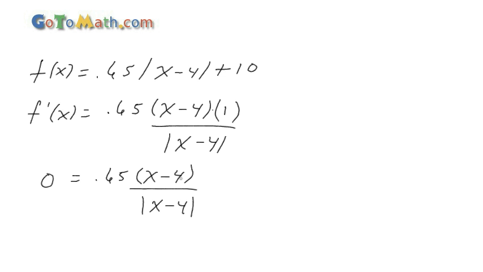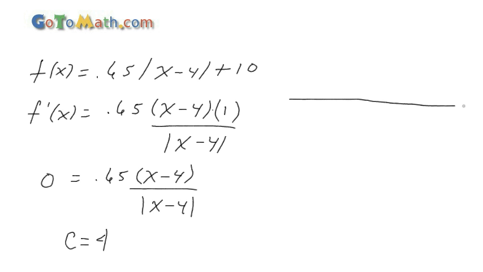What could we plug in to get 0 up here in the numerator? And now remember these are our critical numbers here. I'm going to write them down here. So it looks like 4, right? And then what about the denominator? What could I plug in to get 0? Well, it's also 4. So 4 looks like that's going to be our only critical number.